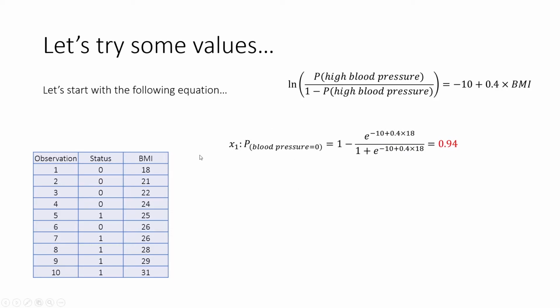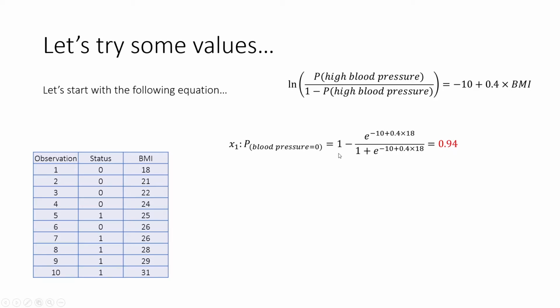So in this case, for the first observation, we see that the status of that person is 0, so low to normal blood pressure. So to calculate the probability on that status, we have to estimate the probability on high blood pressure and subtract it from 1, because remember the complement of a probability is 1 minus the probability of that outcome.